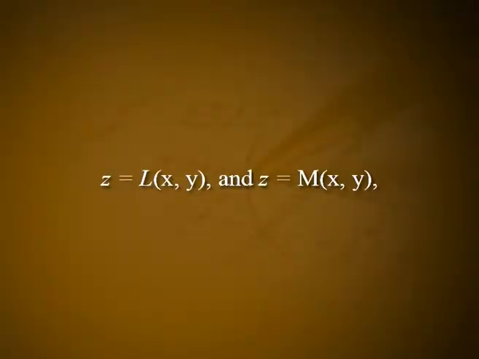From this, it immediately follows that the shortest distance between two surfaces z = L of x, y and z = M of x, y can only be attained on the straight lines which are orthogonal to both these surfaces.